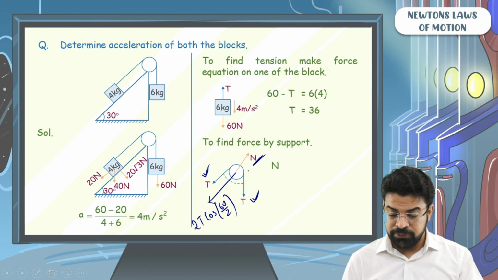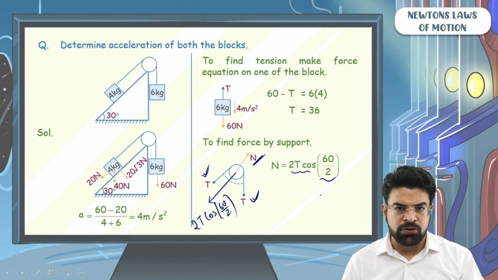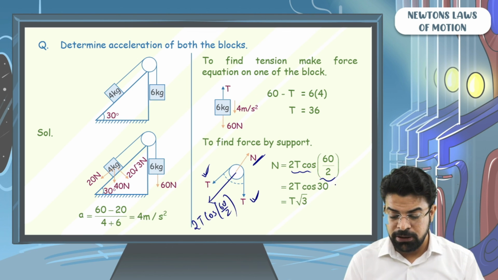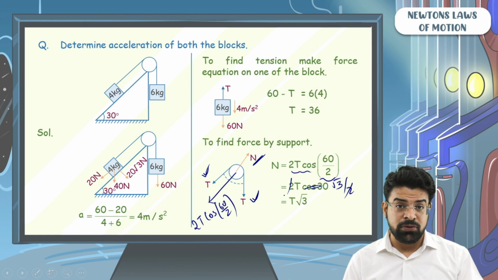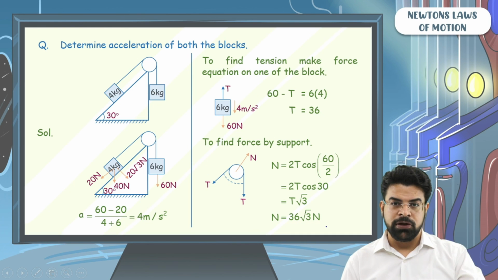So you will say N equals 2T cos 60 by 2. Cos 60 by 2 becomes cos 30. So you get 2T into cos 30, and cos 30 is root 3 by 2. So you get 2 into T into root 3 by 2. The 2 and 2 will get cancelled. So what you get is T root 3. Substitute the value of T as 36. The force by the support on pulley comes out to be 36 root 3 Newton.